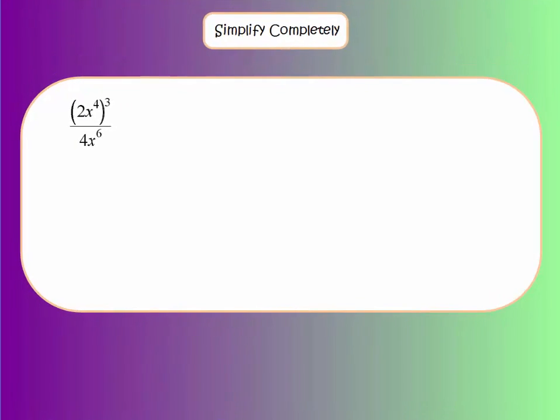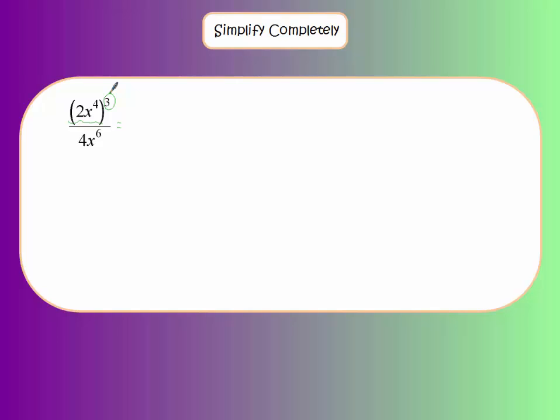Let's try it again, maybe a little bit more complex. We're going to simplify this completely. Okay, so the first thing I want to do, just so I can take a good look at what's going on here, is write this in that extended product form. Eventually you won't need to do this, but I want to do it right now so that I can see what's going on with all of these parts. So I have this base 2x to the 4th to this exponent 3.